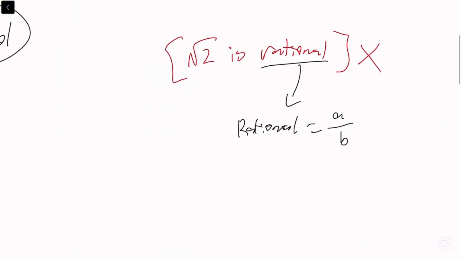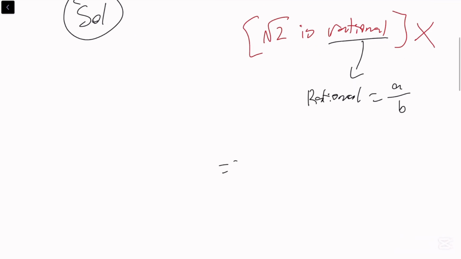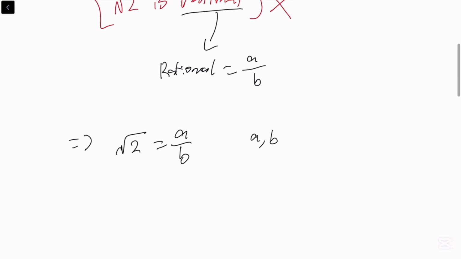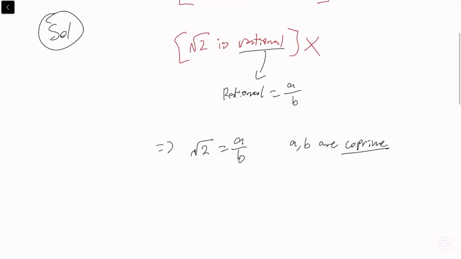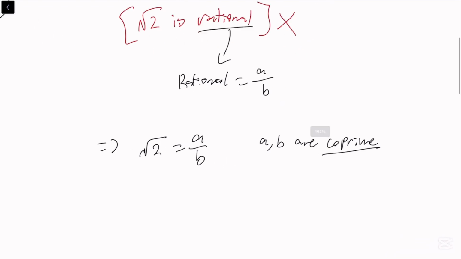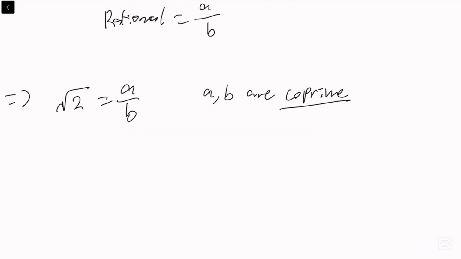So, by this definition, we can state that root 2 is equal to a over b, and one more thing is that a and b are coprime. Coprime is a fancy word. It basically means that a and b do not share any common factors. So let's say 2 and 5. These numbers are coprime because they don't share any factors other than 1.